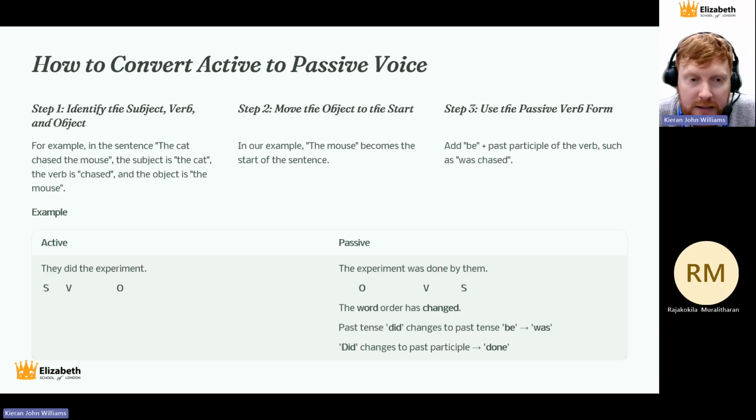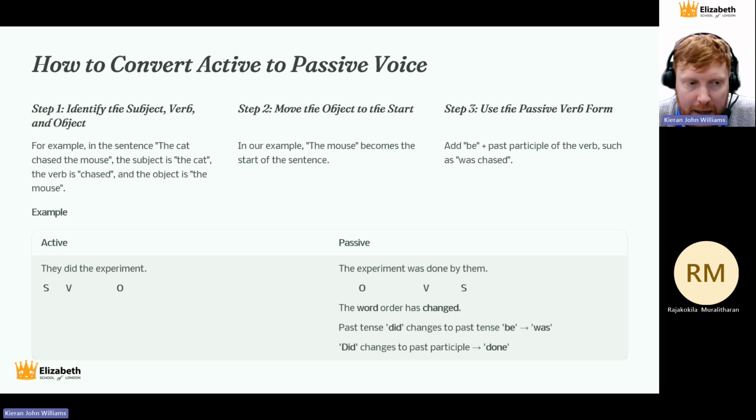The next part we need to do is to then move the object to the start of the sentence and move the subject to the end of the sentence. Okay, so because the mouse was at the end originally, we now move it to the beginning. And then we need to use the passive verb form. So like we mentioned earlier on, you find the tense of the original sentence. So the original sentence is the cat chased the mouse.